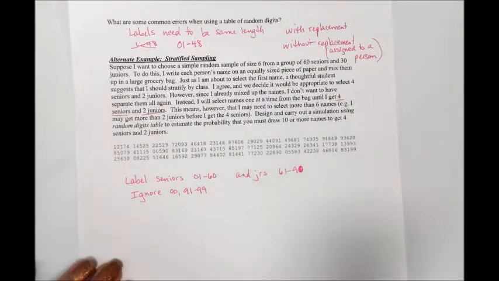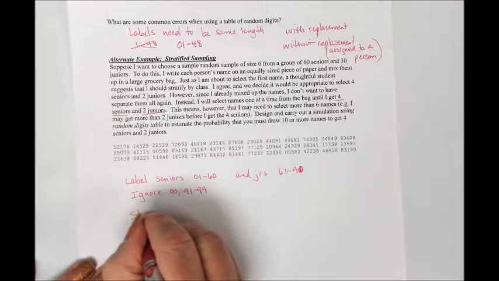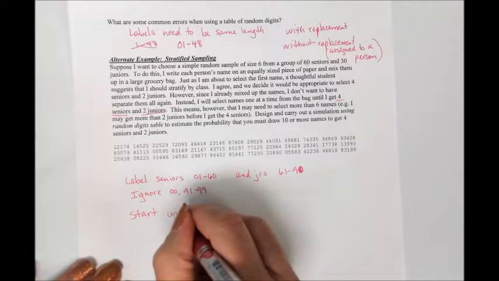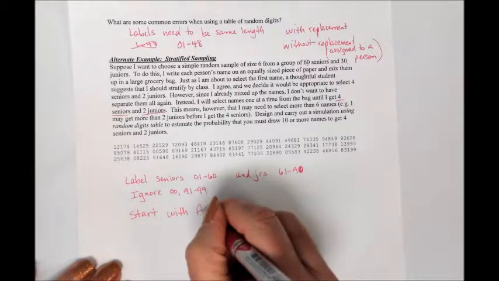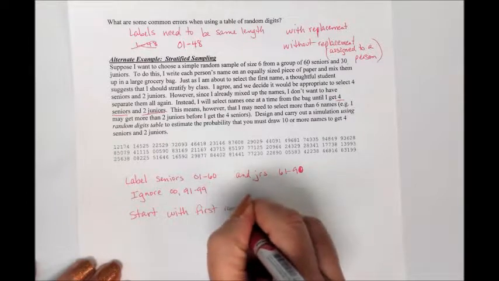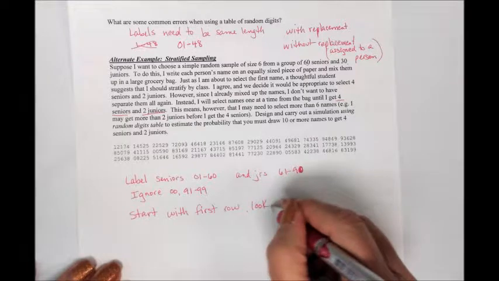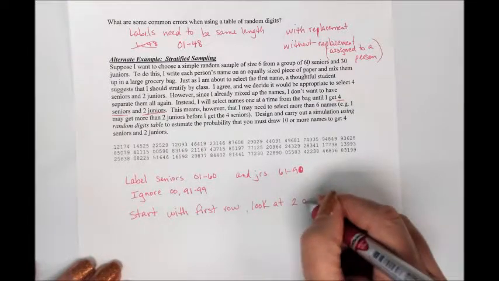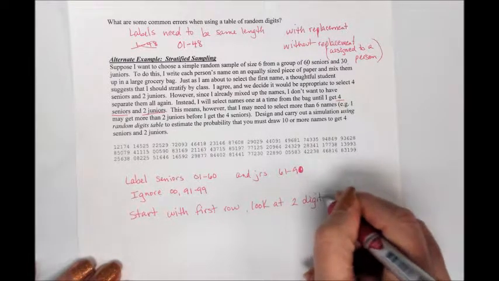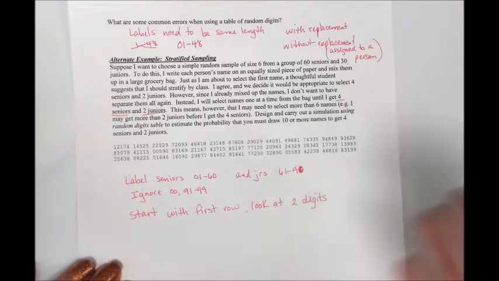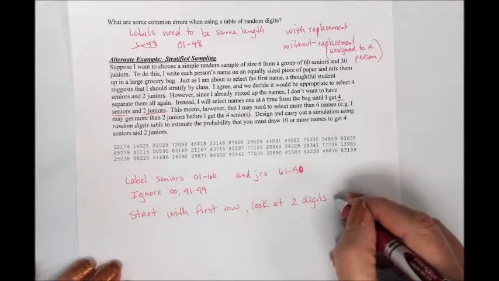And then I'm going to say how I'm going to do this. I'm going to start with the first row. I'm going to look at 2 digits at a time. Because again, it's almost like I'm writing instructions for somebody to be able to do this that isn't in the stats class.